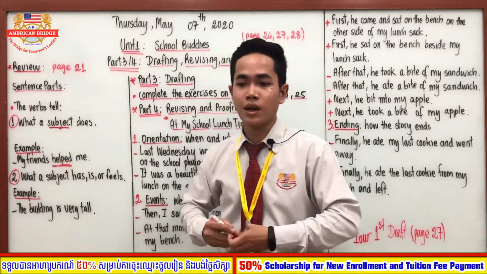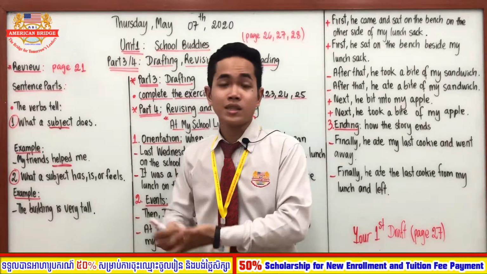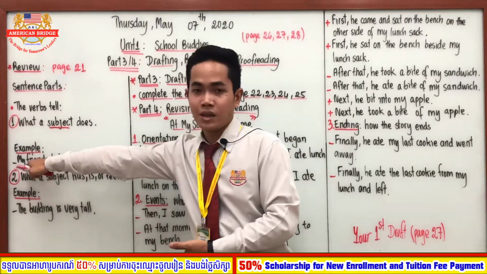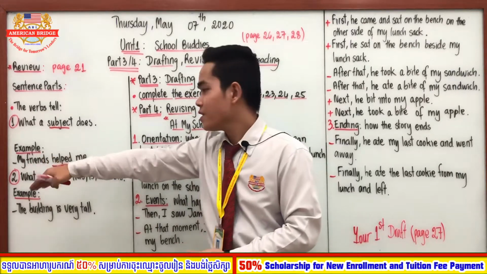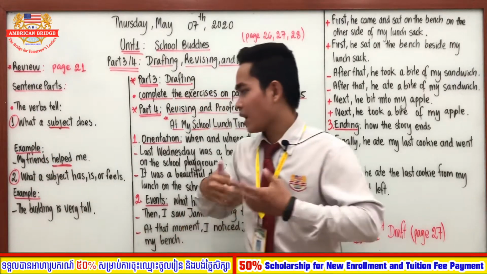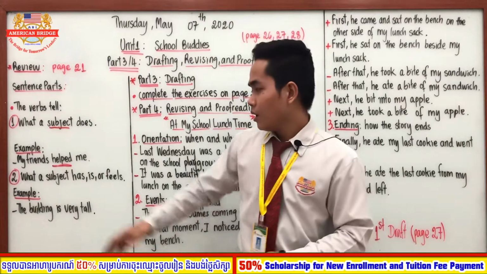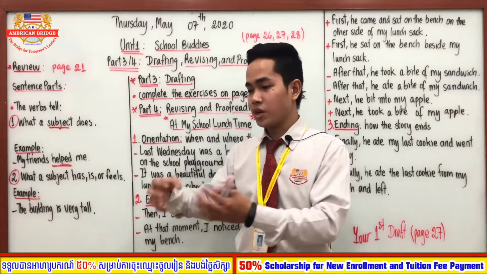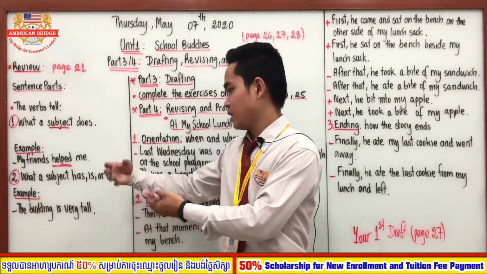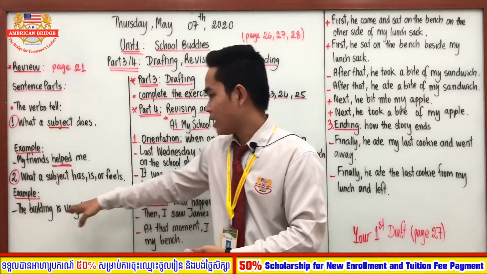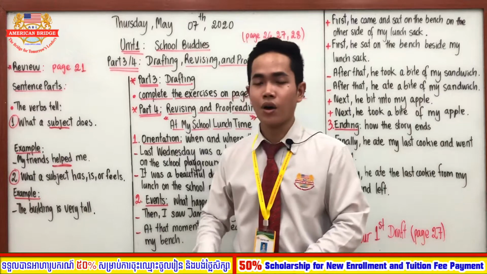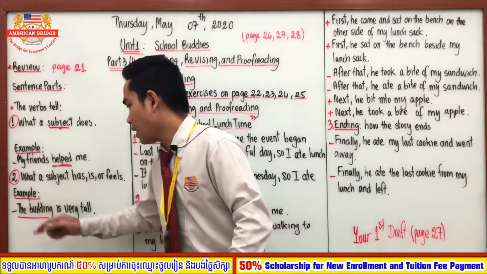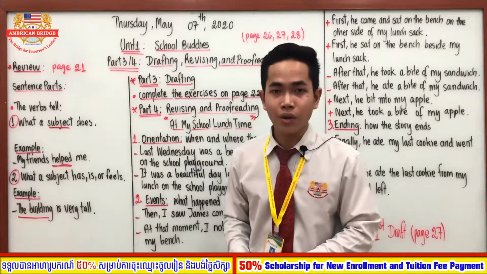It shows us the action that the subject does. Friends is the subject, right? Next, number 2, what a subject has, is or feels. Usually, the subject also mentions what it has, is or feels. Example: the building is very tall. It shows us that the building is very tall, right?